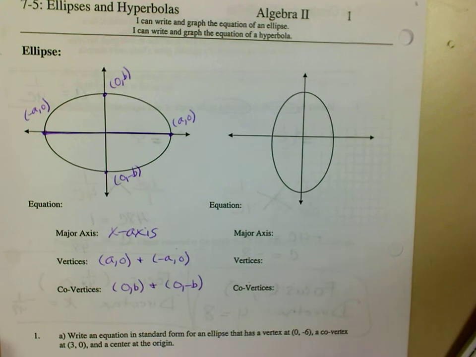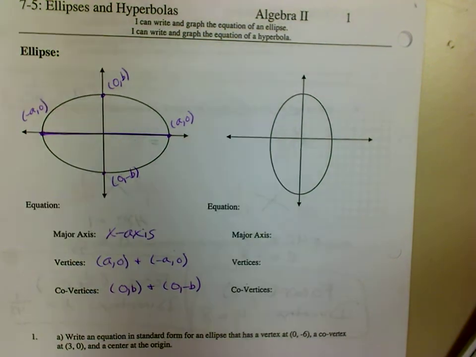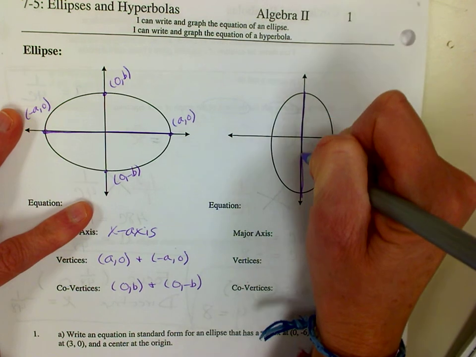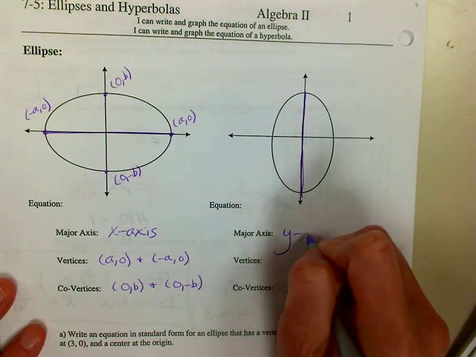Oh, and then I forgot the equation. I'll do that in a second. Let's move on to the other one. This time, since the y-axis is larger, the y-axis is the major axis.